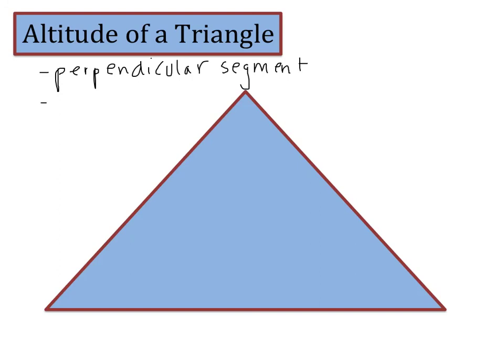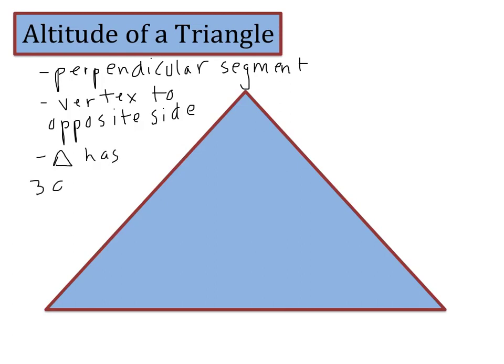It goes from the vertex to the opposite side, and every triangle has 3 altitudes. You can think of the altitude as the height.